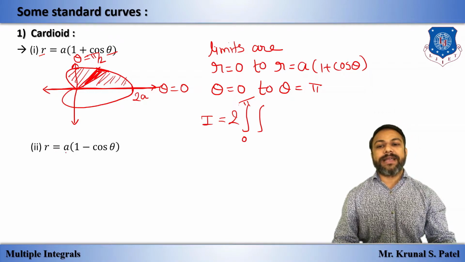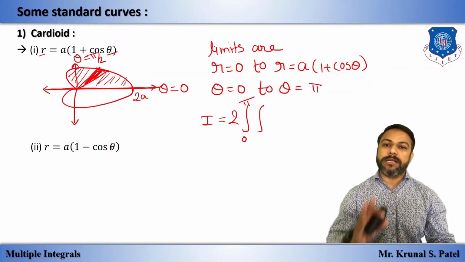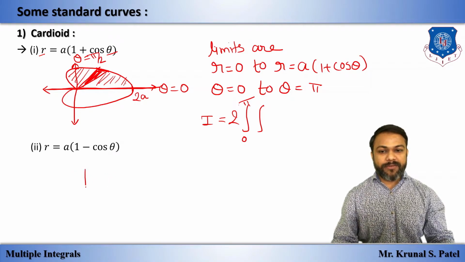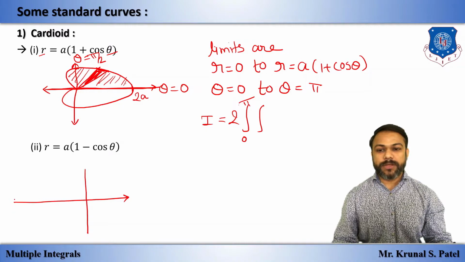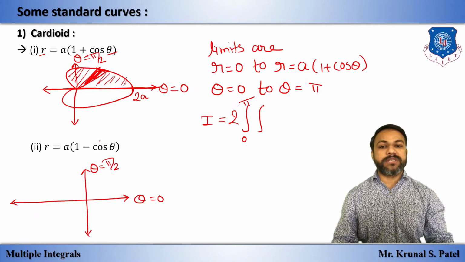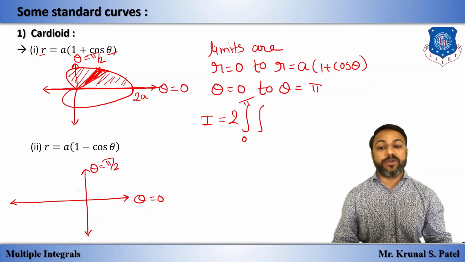In the same way we have r equal to a(1 minus cos theta). Same concept, everything is the same, but now we have this theta equal to 0 initial line. This theta equal to pi by 2 is perpendicular to the initial line. If you put 0 here, cos 0 is 1, 1 minus 1 is 0. Now this time starting from 0.